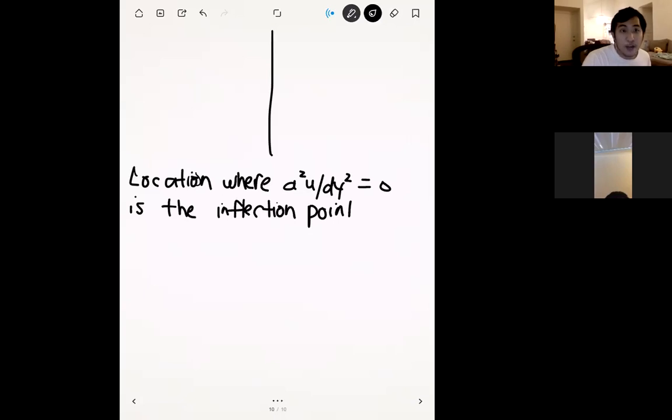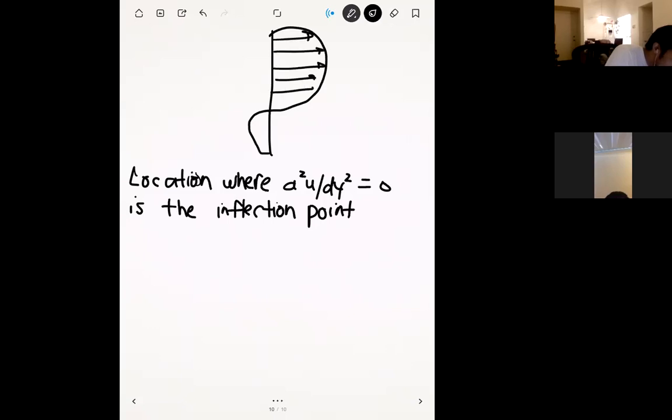Right. So the most common places where you can have this is if you have any kind of backflow in your system. Okay? So let's say that we have a velocity distribution that looks like this. Actually, let me draw this a little bit better.